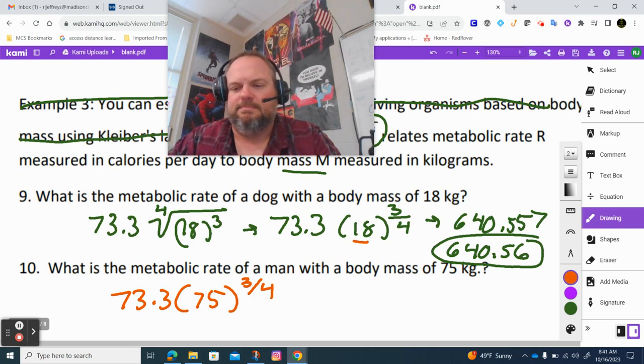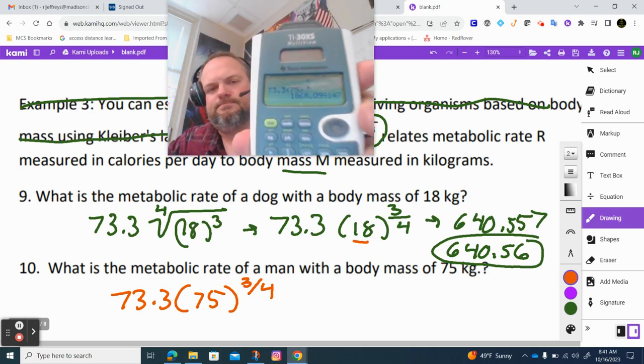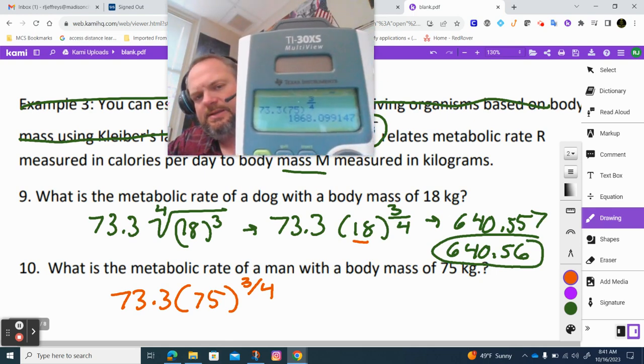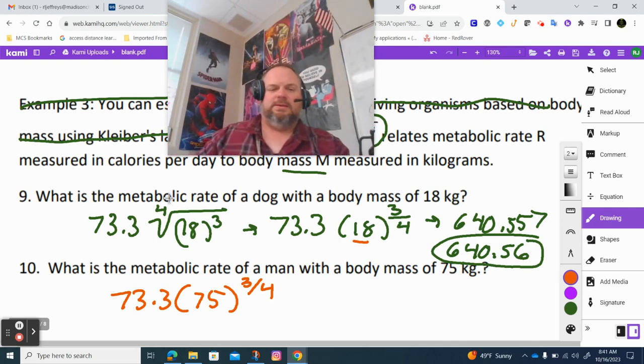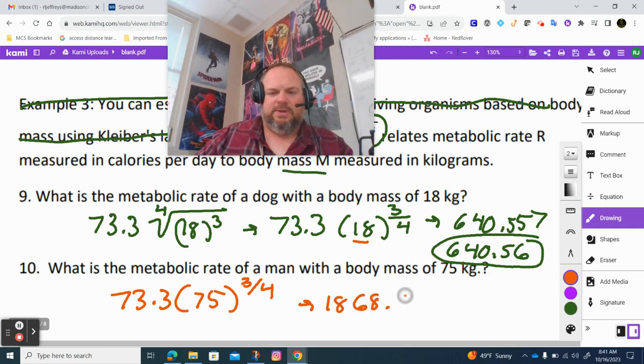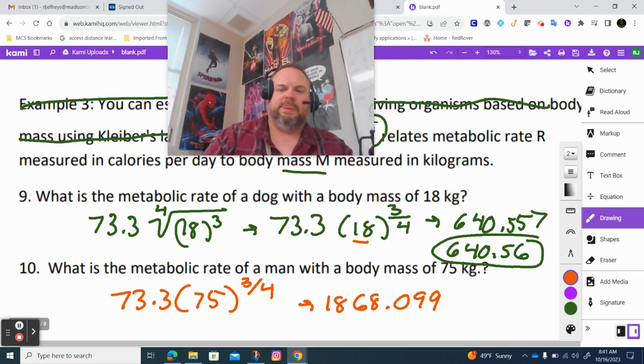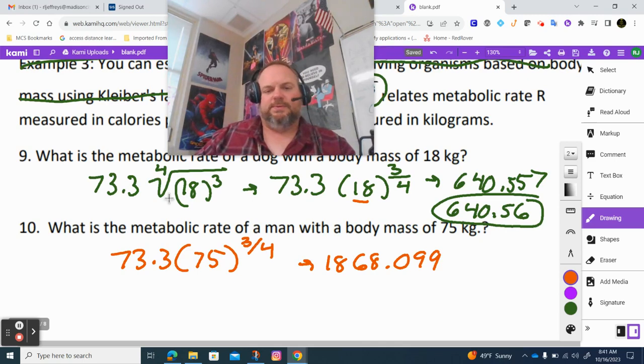All right. So this is 1868.099, which we're going to round up to 1868 point, and that will round up to 10.